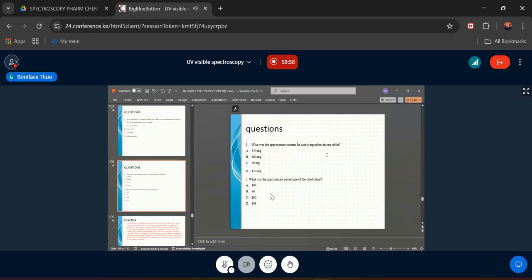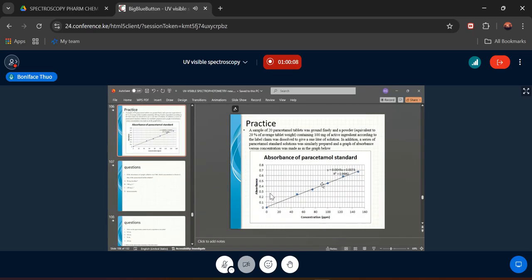So what was the approximate content of the active ingredient in one tablet? Now you need to go back to the statement. Once you determine how much is present in the sample that was measured, you need to determine the relationship between that amount and whatever was in the original tablet. Remember, whatever you read here is just 20% of the tablet.